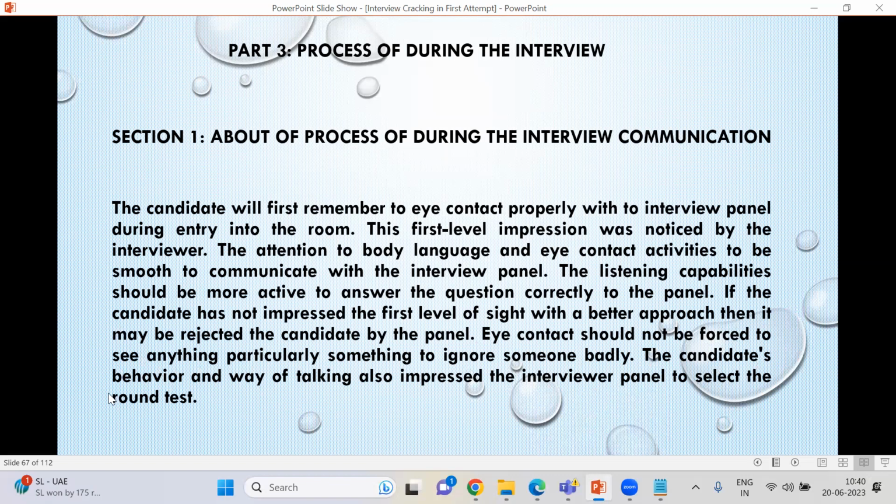So section 1 talks about how the first impression is the last impression.